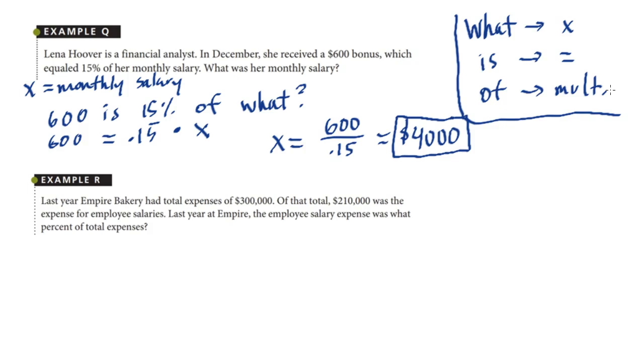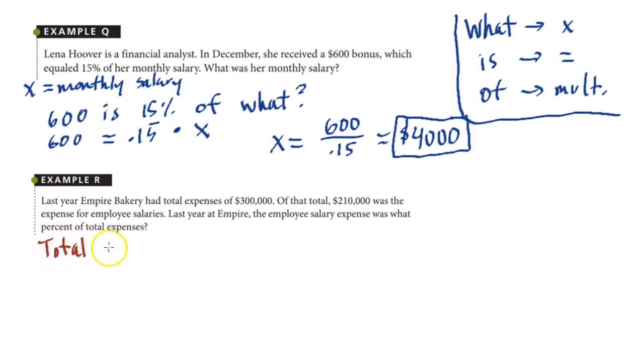Now example R. Last year, Empire Bakery had total expenses of $300,000. So the total is $300,000. Of the total, $210,000 was the expense for the employee salaries. Last year at Empire, the employee salary expense was what percent of total expenses? Notice that we have some given information at the beginning of the problem.